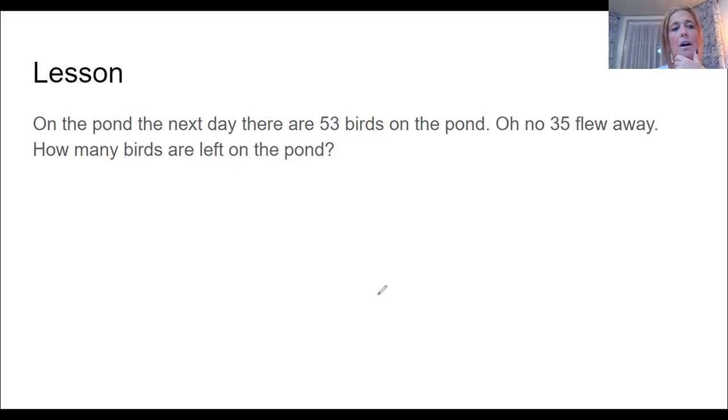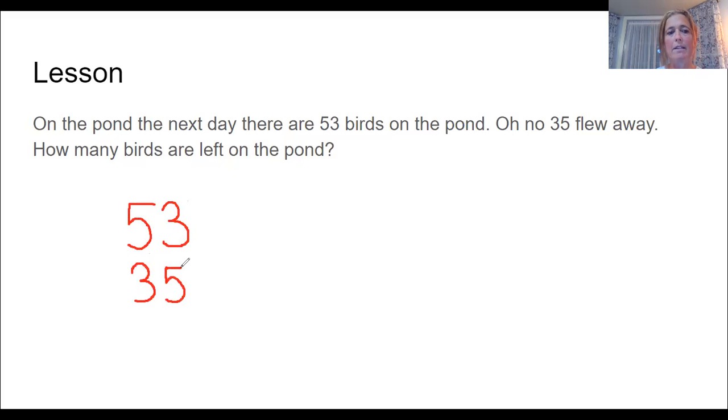All right. Now on the pond the next day, there are 53 birds on the pond. But oh no, 35 flew away. How many birds are left on the pond?